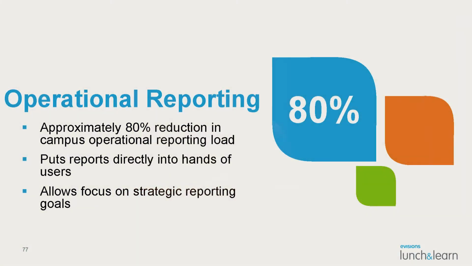And this number right here, because it's fun to have graphics with big numbers on it, this is a huge number for us. With the rollout of this dashboard, we have had an approximately 80% reduction in our campus operational reporting. Just to give you an idea of what that's like, I know in 2015, just for campus reporting alone, we had over 650 requests come through our office. We're only 5 people.